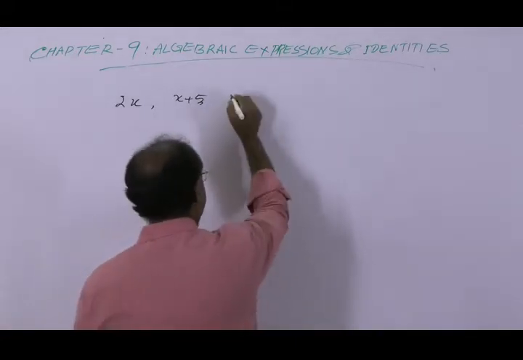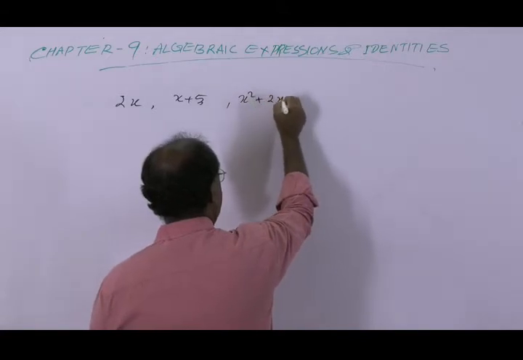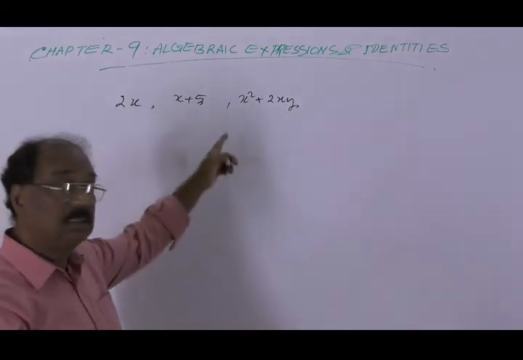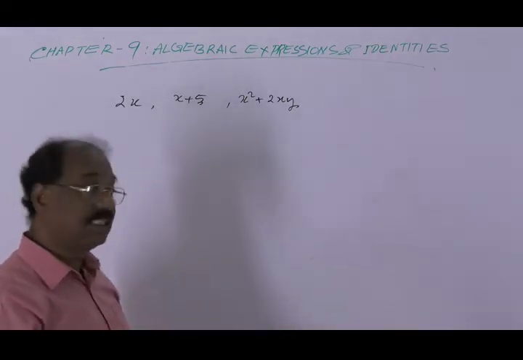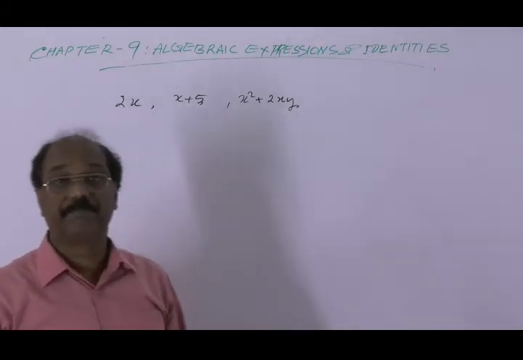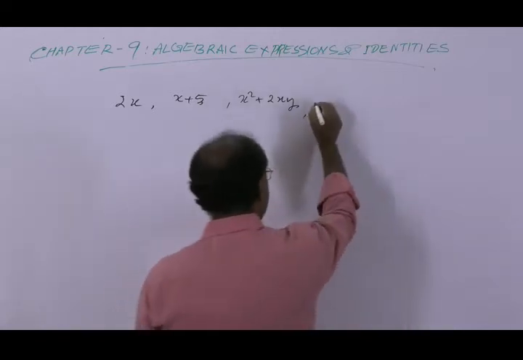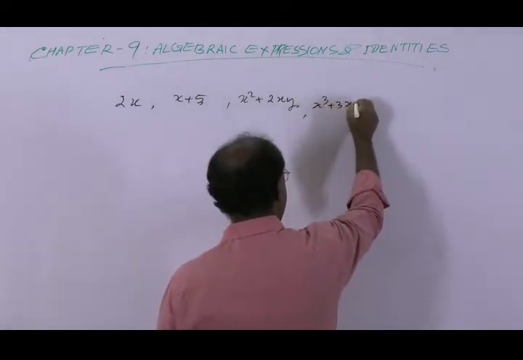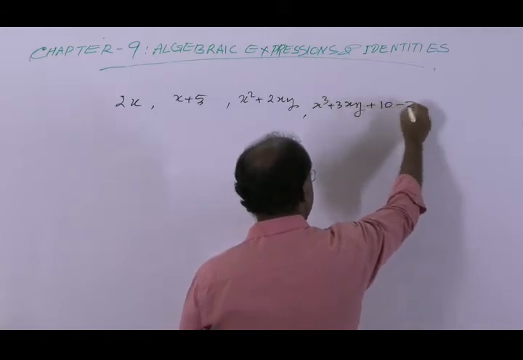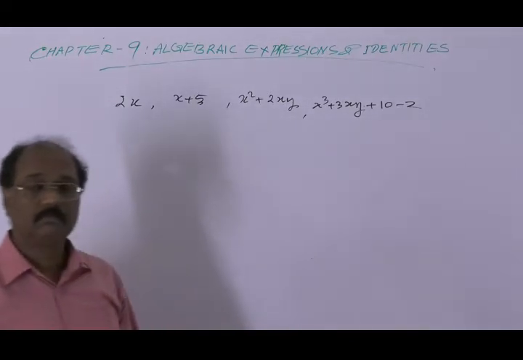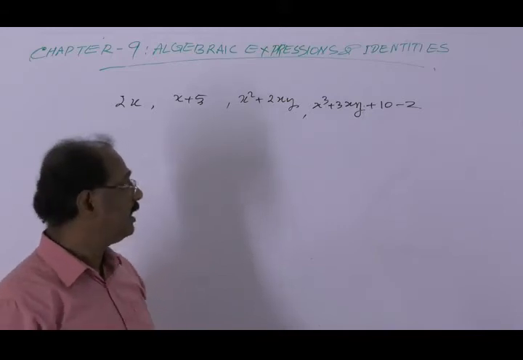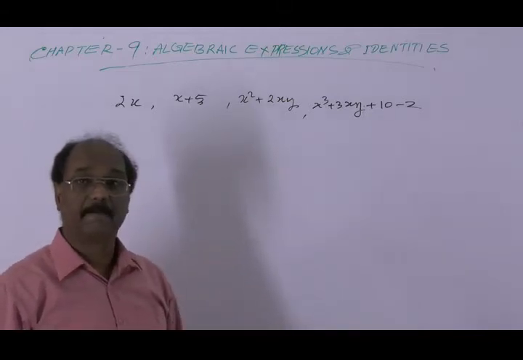Now consider this, x squared plus 2xy. Another expression, a combination of variables x, y and a constant. Then another one, say x squared plus 3xy plus 10 minus z. Another expression, combining x, y, z and constants.